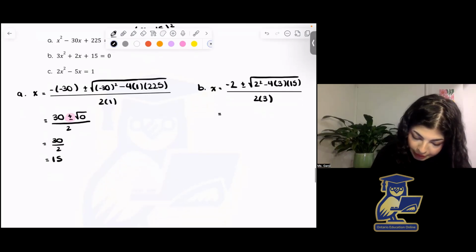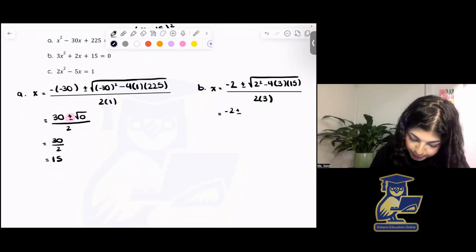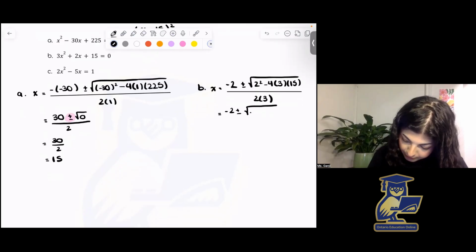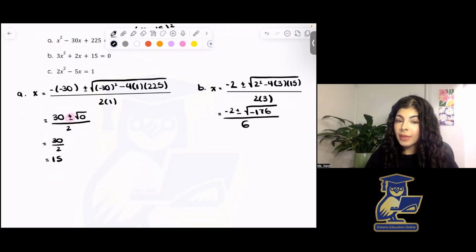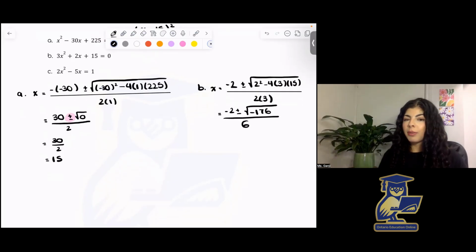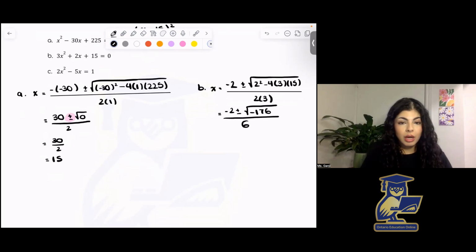So solving this here, you should get a negative number under the square root, and at this point you should have stopped, because you do not know how to do a square root of a negative number.